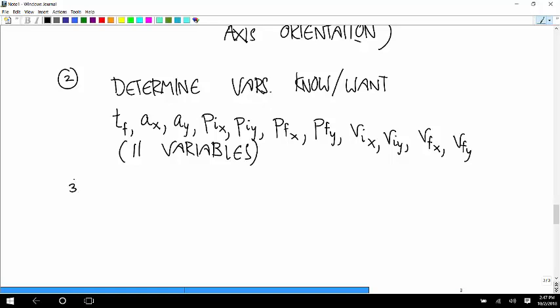Then step 3, we're going to look for an equation out of the 6 possible constant acceleration equations. We used to only have 3, now we have 6.